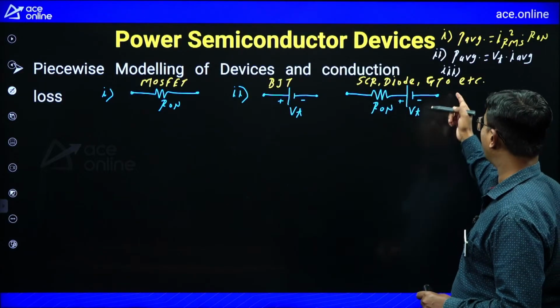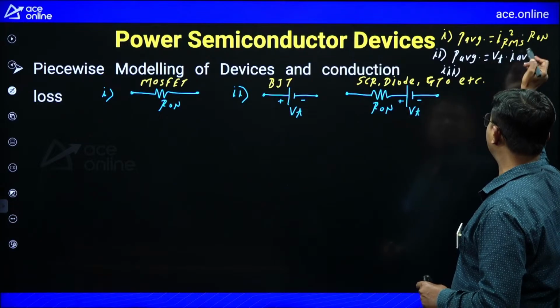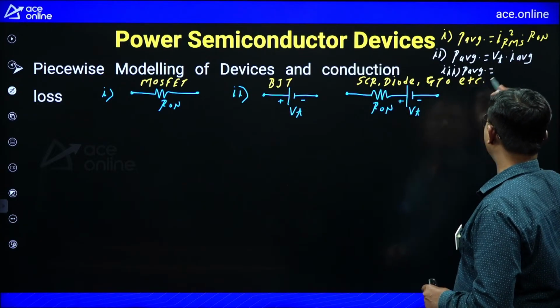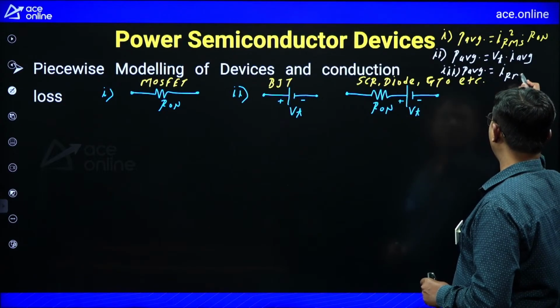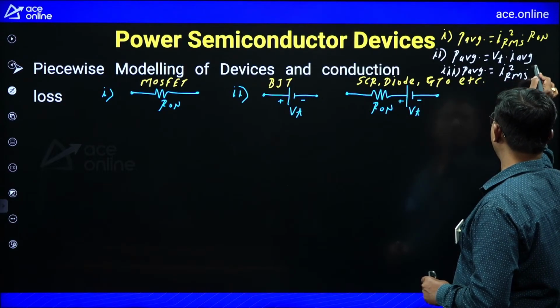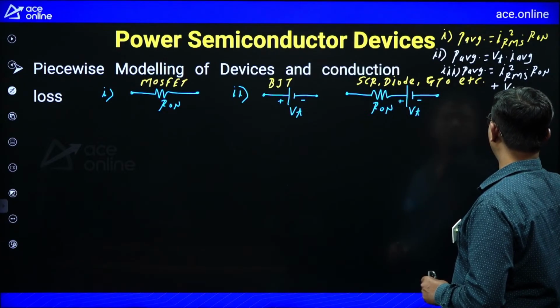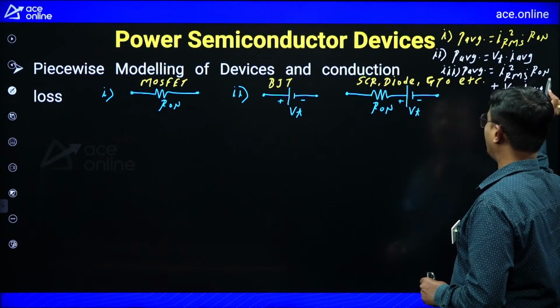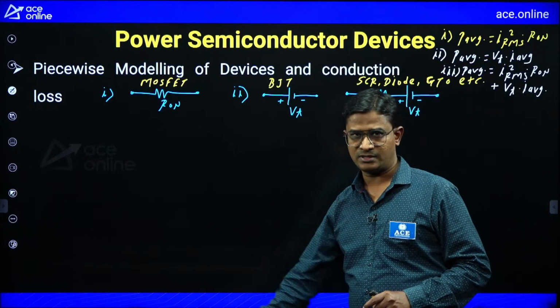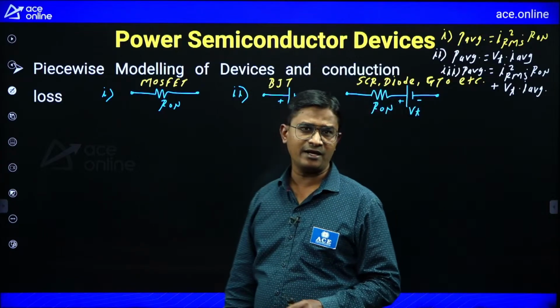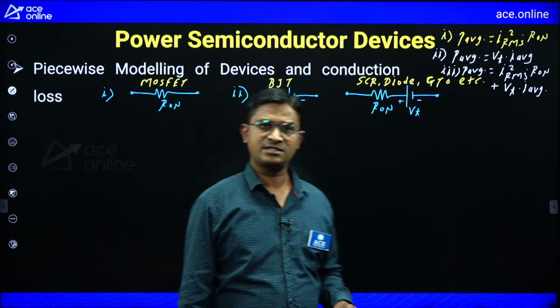So therefore the power loss P average is equal to I RMS square into Ron plus Vt into I average, right? So this is about the piecewise modeling of devices and its conduction state power loss.